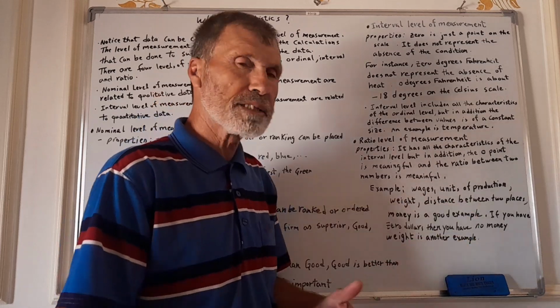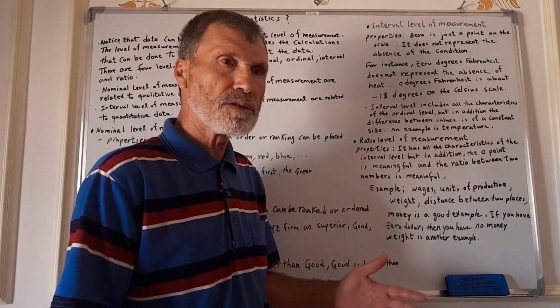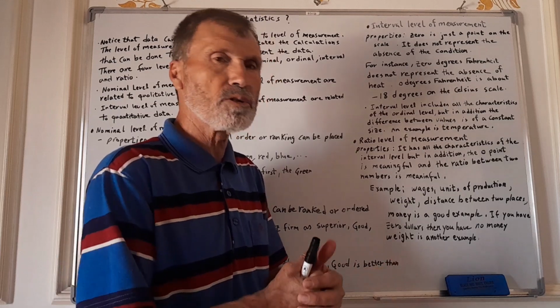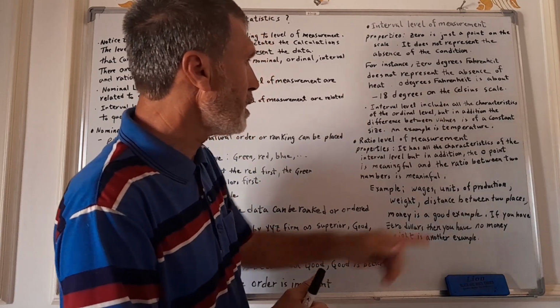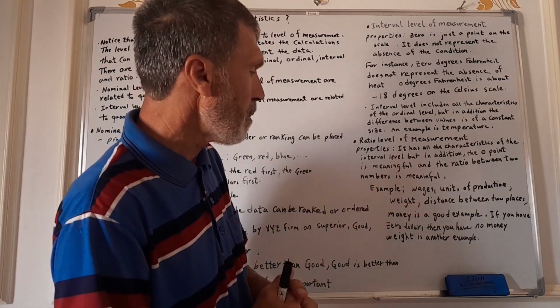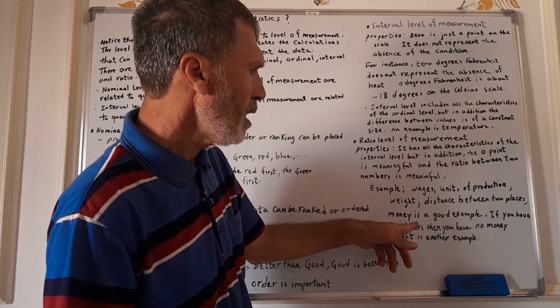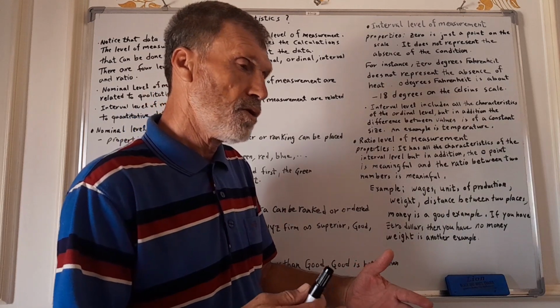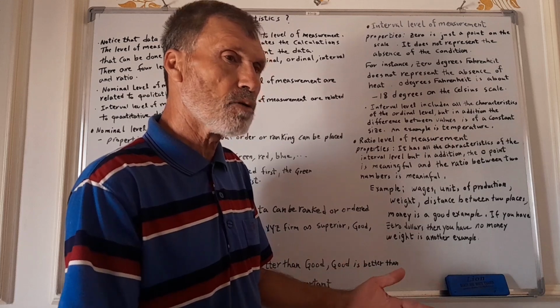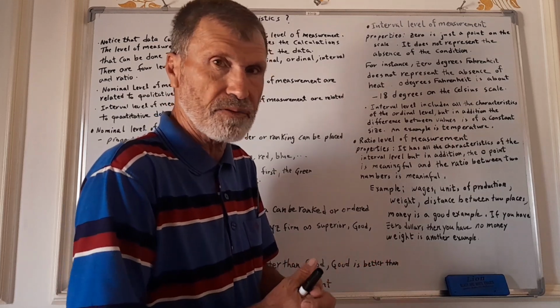Distance between two places: the distance is 0, they are very close to each other. So the 0 point is meaningful. When we say that he has no money in his account, that is 0 money, it makes sense. It's meaningful.